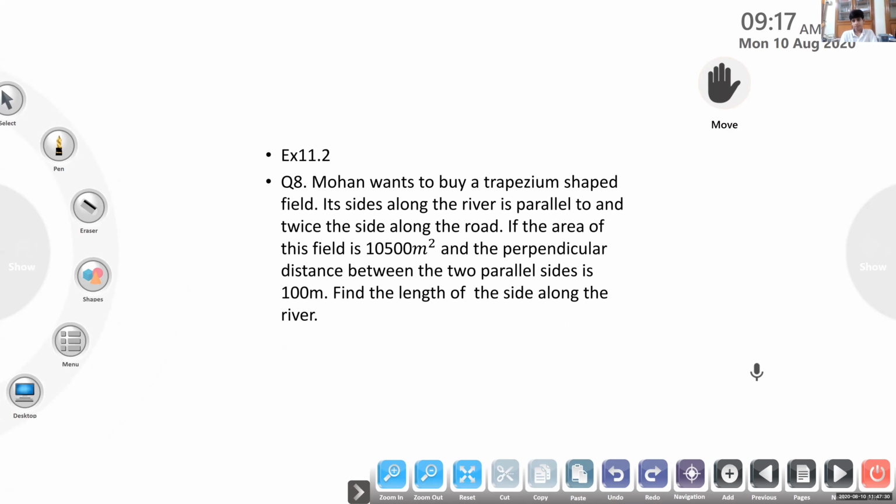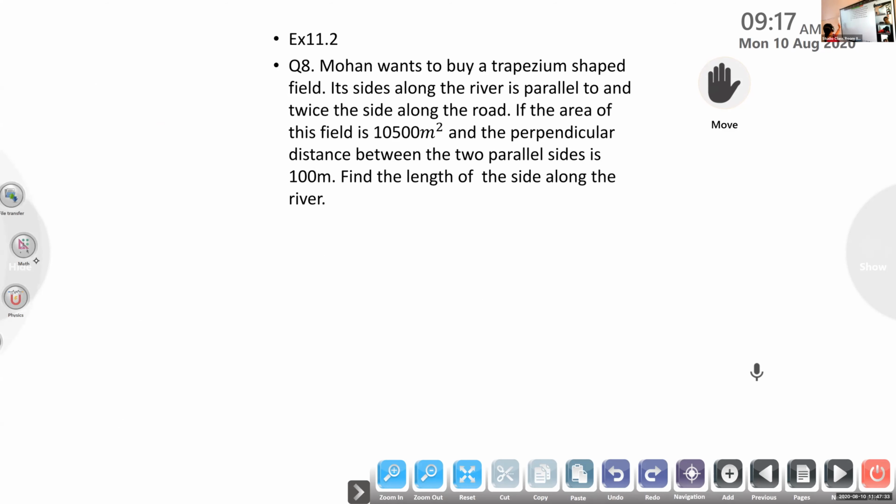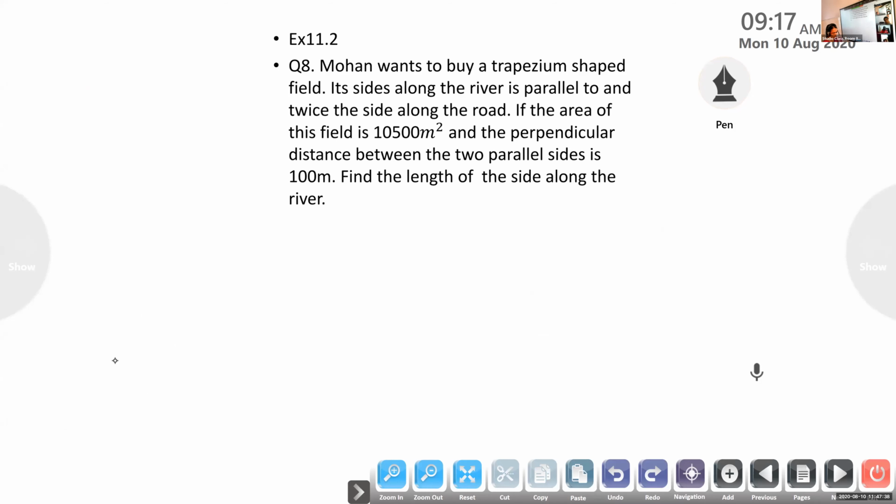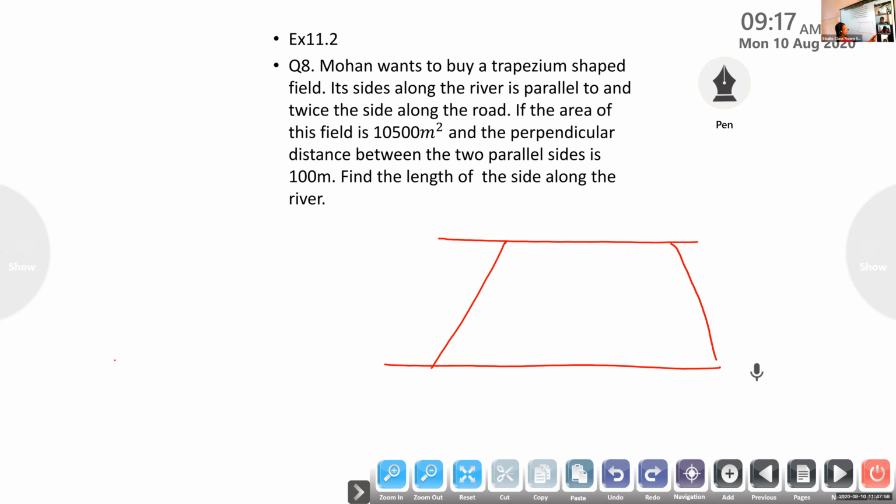Okay, first of all, we need to draw the figure of this question. We have a trapezium shaped field, and one side is along the road. Here it is a road.